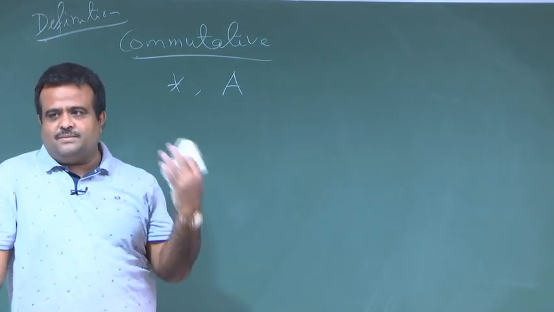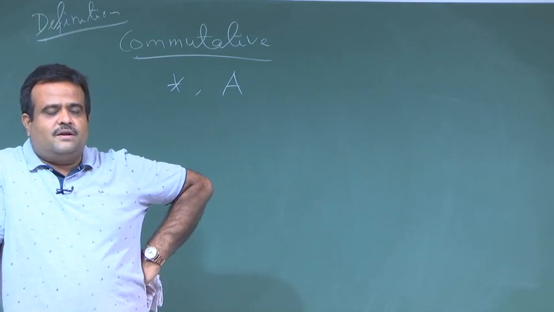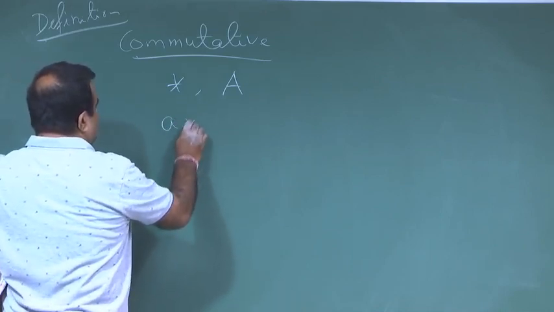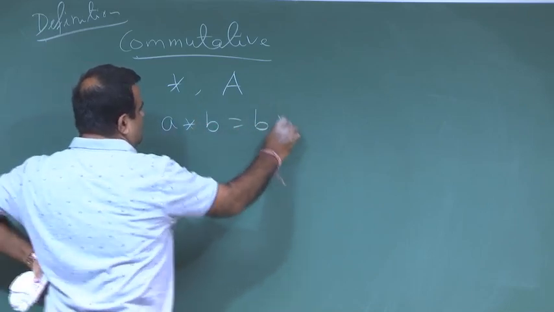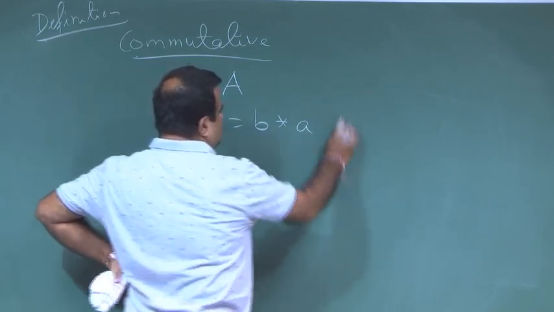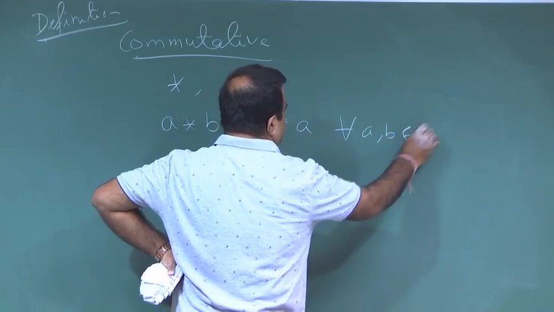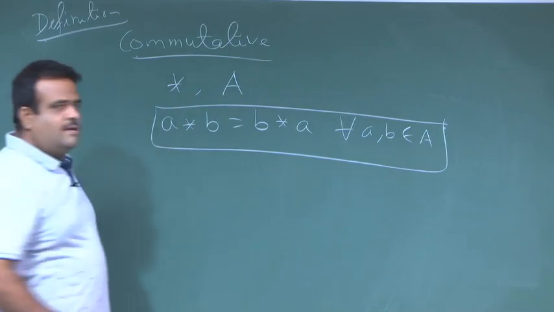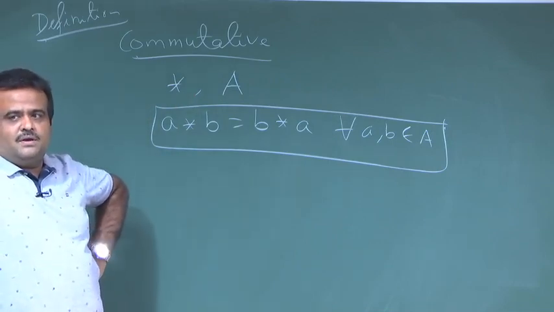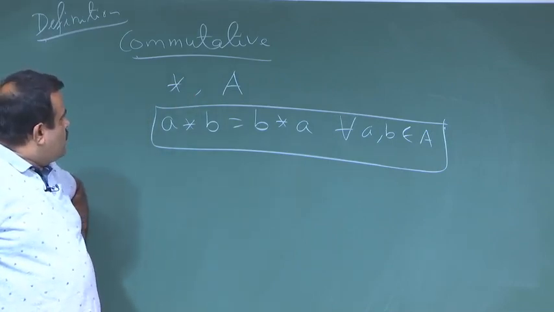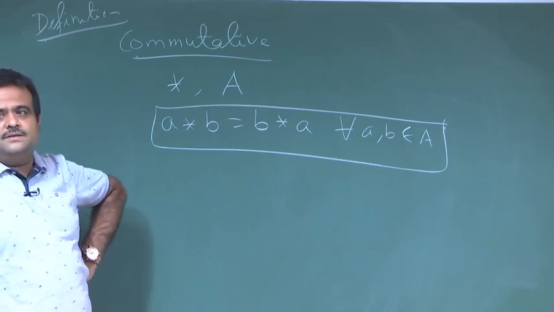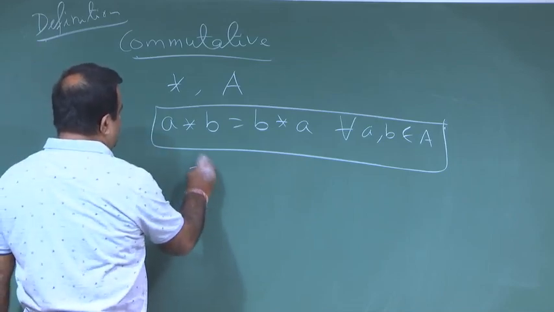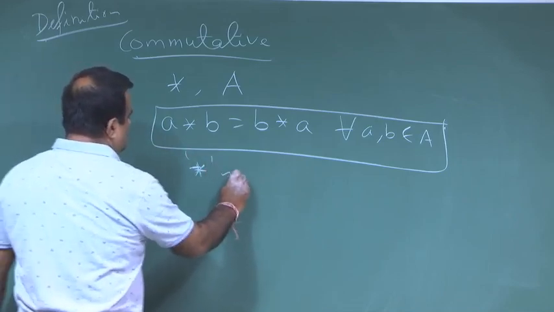If it is closure, that element belongs to A, otherwise it need not belong to A. But for commutative we need this property: a star b must be b star a, and this is true for all a, b. If this is satisfied, then we call star commutative.